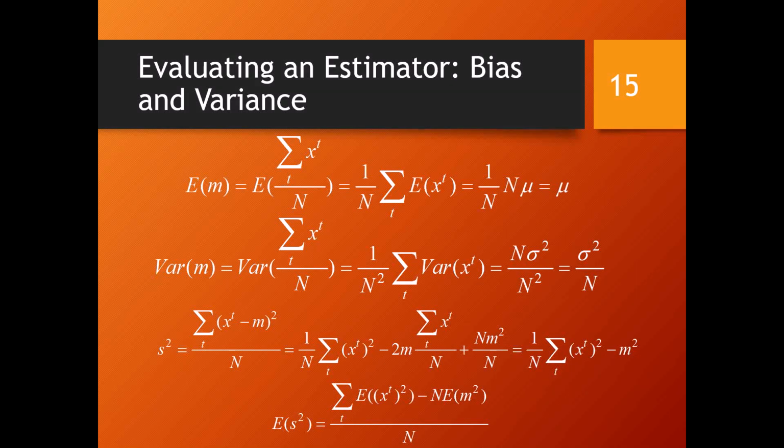So what does this mean? It means that this sigma squared is the variance of this random variable xt. The variance of this estimator is actually equal to sigma squared divided by n.